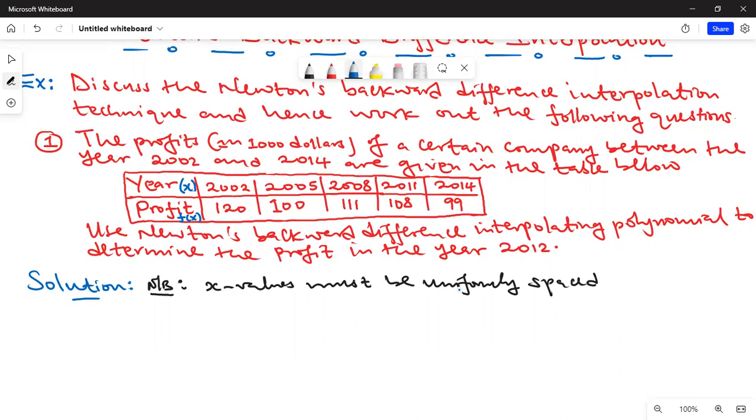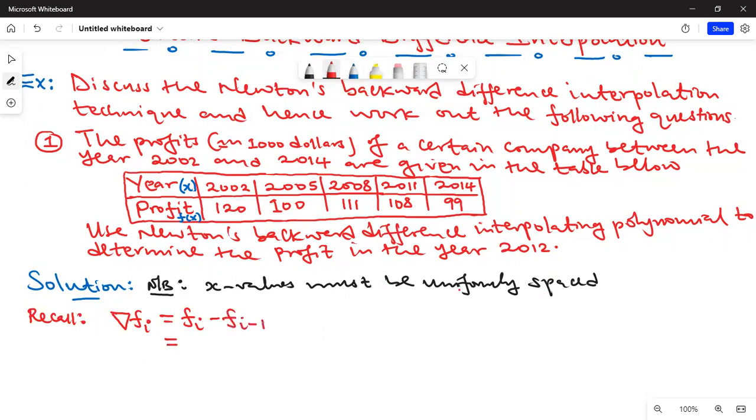Now, I want us to recall the backward difference operator. Recall that the backward difference operating on Fi is the same as Fi minus Fi minus 1.